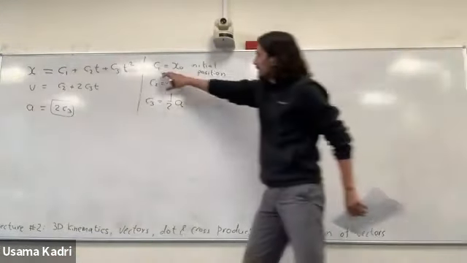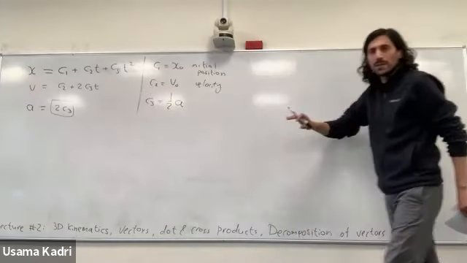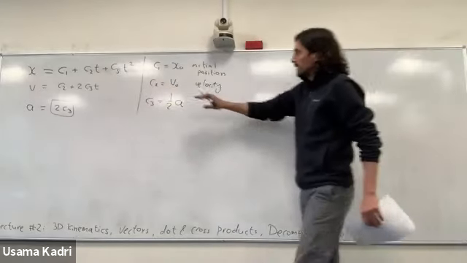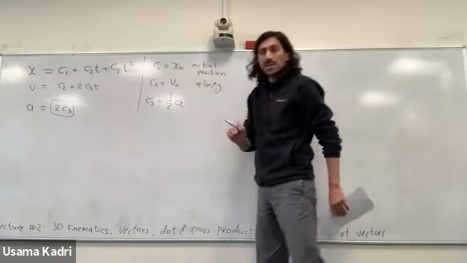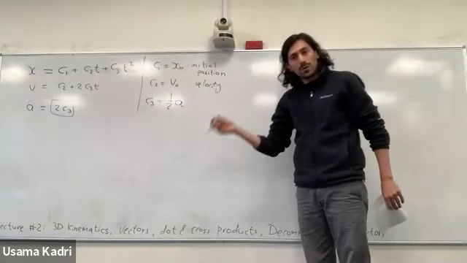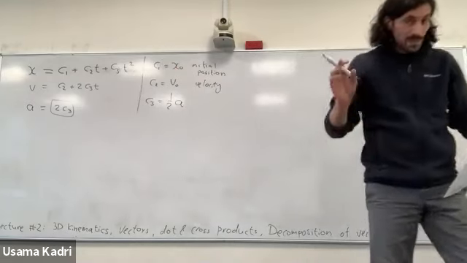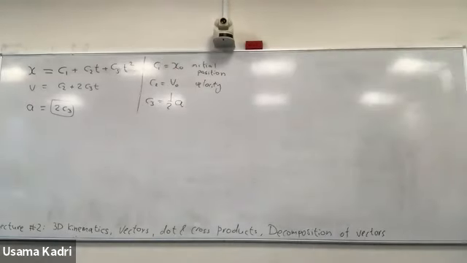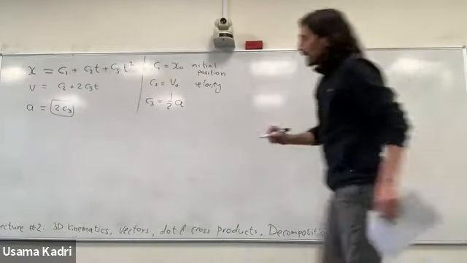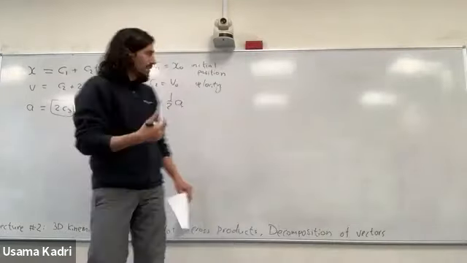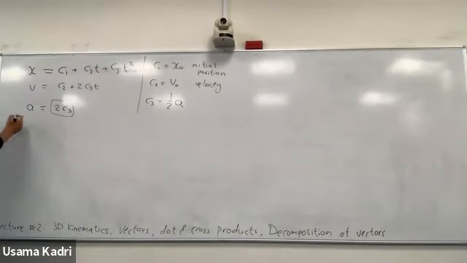So C1, C2, and C3 are constants, and these can be either positive, negative, or equal to 0. These are real numbers. Now, when we talk about gravity, and normally when we talk about acceleration, not always, we consider gravity.